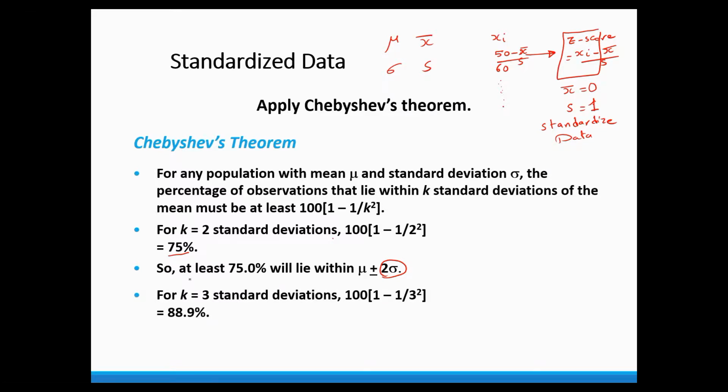For k equals 3 standard deviations, about 88.9% of the data lie between the mean plus or minus 3 standard deviations.